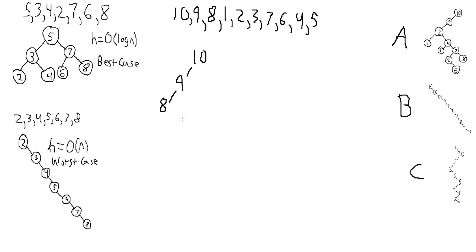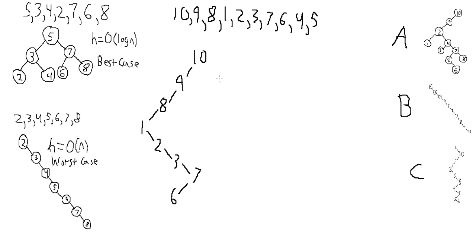Sorry, 1 is less than 8. 2 is greater than 1. 3 is greater than 2. 7 is greater than 3, but less than all the previous ones, 8, 9, and 10. 6 is less than 7.